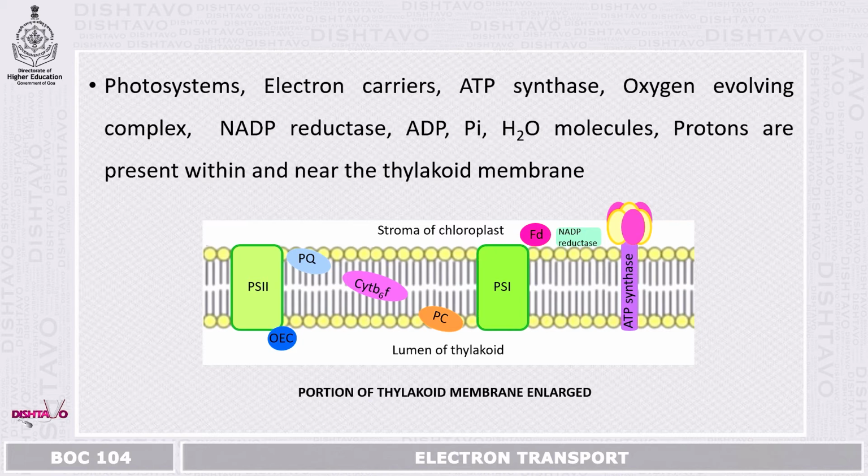Photosystems, electron carriers, ATP synthase, oxygen evolving complex, the enzyme NADP reductase, adenosine diphosphate, inorganic phosphate, water molecules, and protons are present within and near the thylakoid membrane.